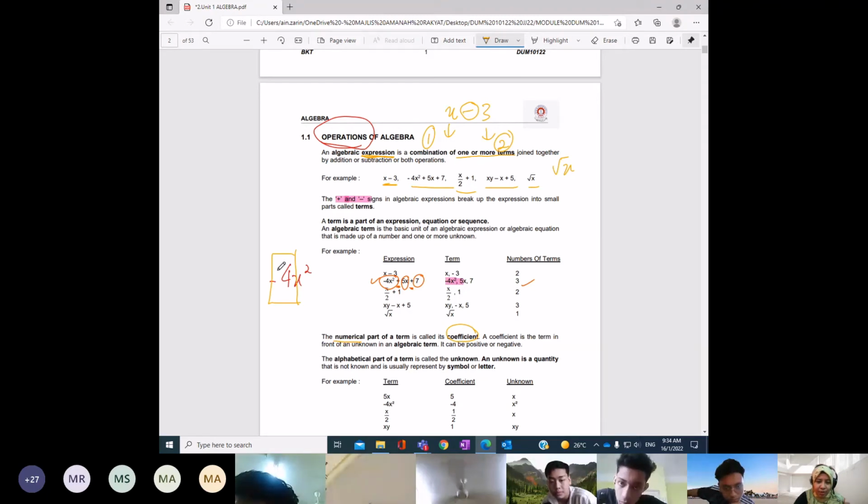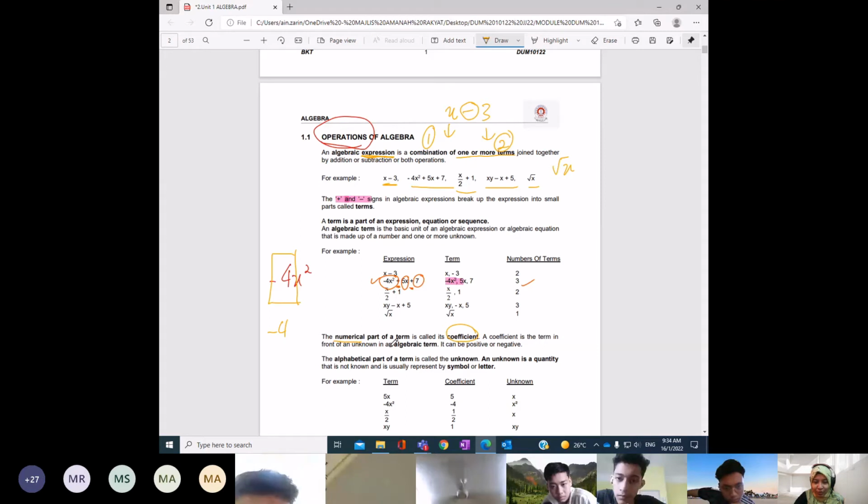Tapi tak semestinya numbers jugalah. You boleh kata this one as the coefficient of x square. Negative 4 is the coefficient of x square. Boleh juga jadi x square is the coefficient of negative 4.